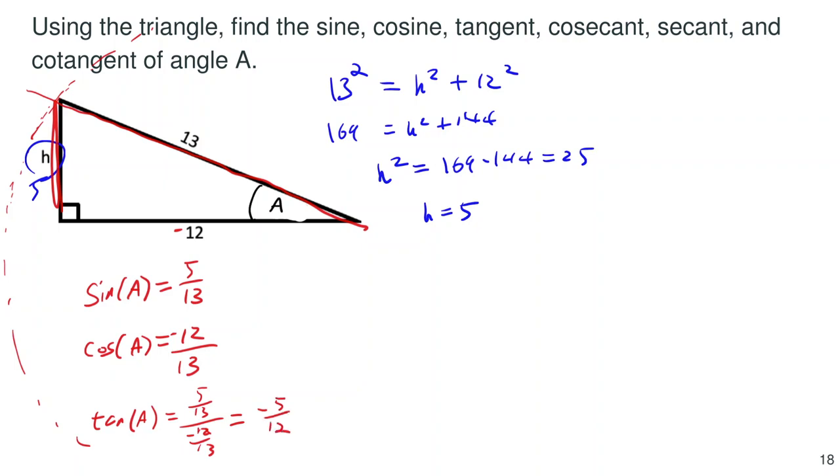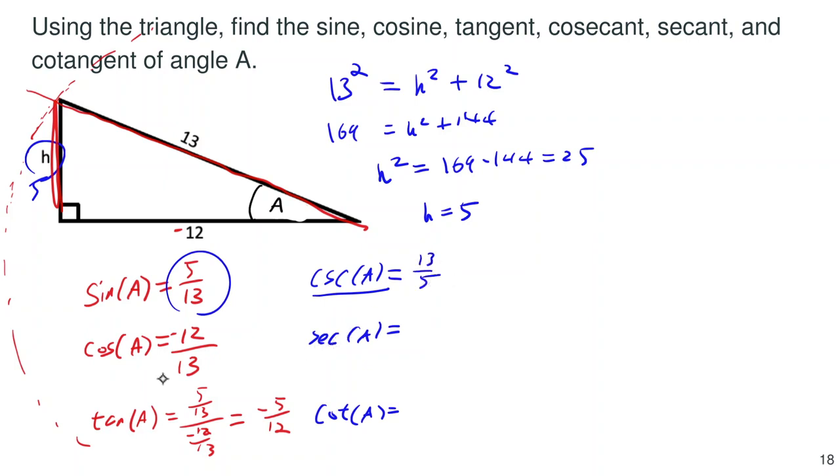So let's find cosecant, secant, cotangent. Cosecant is reciprocal of sine, since we're doing 1 over this thing, so it's just 13 over 5. Secant is reciprocal of cosine, which is 13 over negative 12.